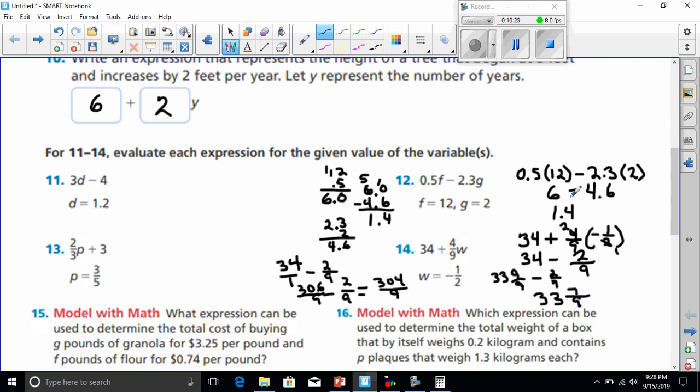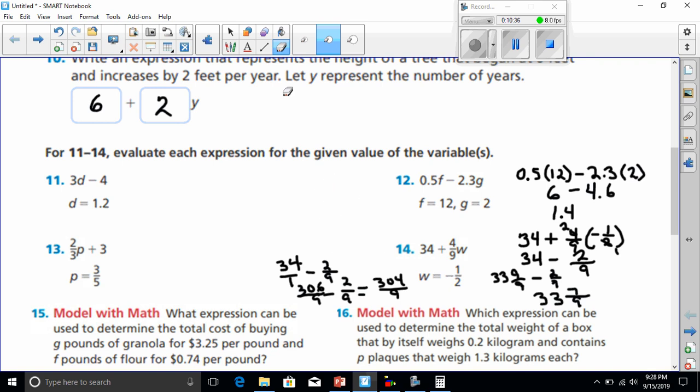Now we'd have to see how many times 9 goes into 304, because every fraction is really a division problem, right? I'm running out of room, so I'm going to erase some of this up here and do my division here. 304 divided by 9. Well, 9 goes into 30 three times, because that would give me 27.